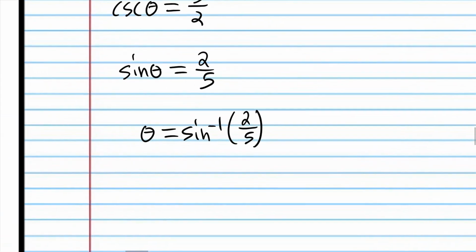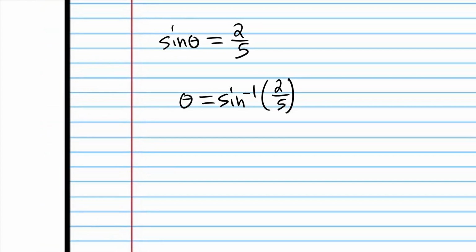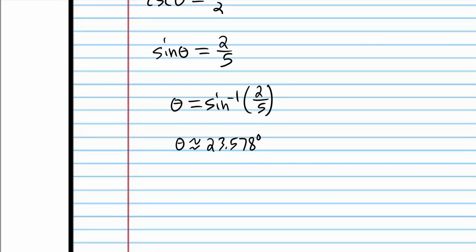The difference is now we do have a sine inverse button in our calculator. That's the whole point of doing that. So I'm going to push the blue button and the sine button, and then 2 divided by 5, and then enter in my calculator. And I get 23.578.